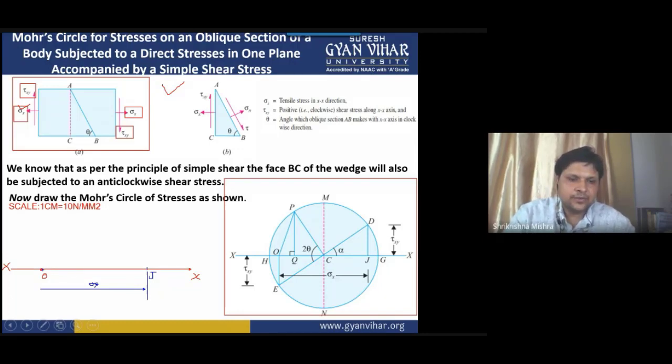So directly we find the center point of OJ, mark it as C, and draw a circle taking C as center and radius equal to OC.